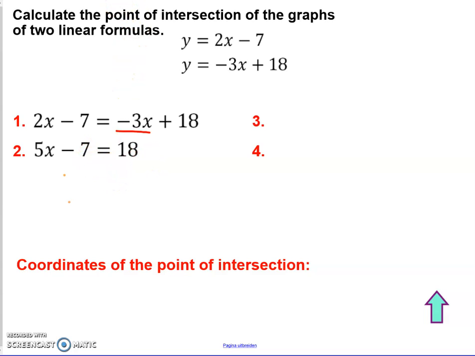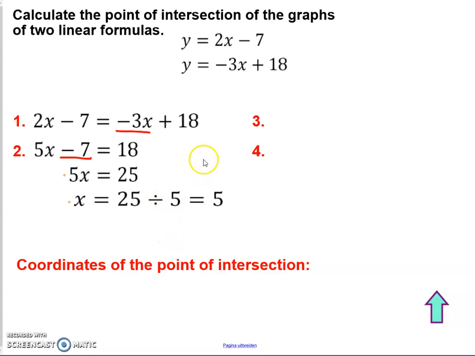Next step is this minus 7. I'm going to do the opposite, and that's plus 7. So on the left side, we only have 5x. And on the right side, I get 18 plus 7 is 25. In the last step, I will calculate the x value. X is equal to 25 divided by 5. So this means my x coordinate is 5.